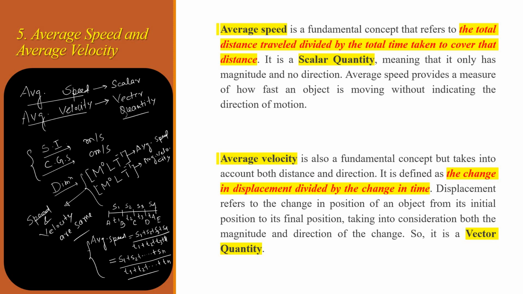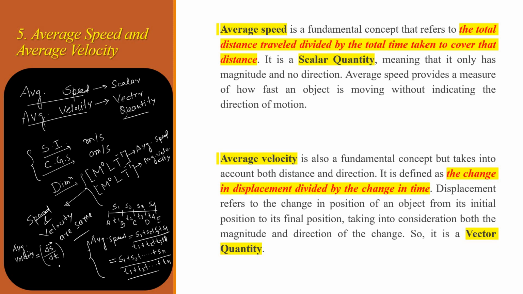But here the picture is different. Here it is the change in displacement divided by the time taken. In the case of average velocity, suppose the displacement is delta s, which is a vector quantity, and the time is delta t.